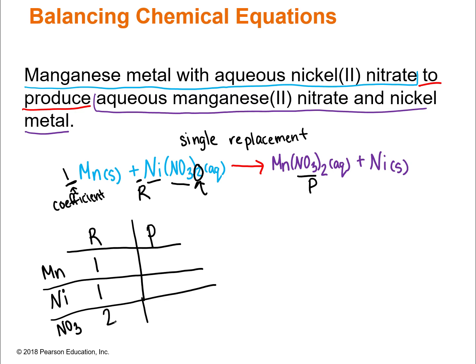That subscript that comes after the parentheses means that I've got 2 of whatever came directly before it. And just like in math, where you would multiply the 2 times whatever's in the parentheses, that's what we're doing here. So we've got 2 nitrate ions. Is everybody clear on that? We're just tallying up what we have.